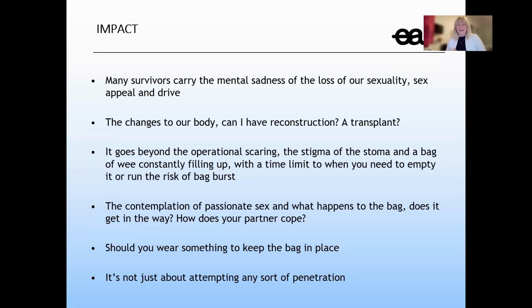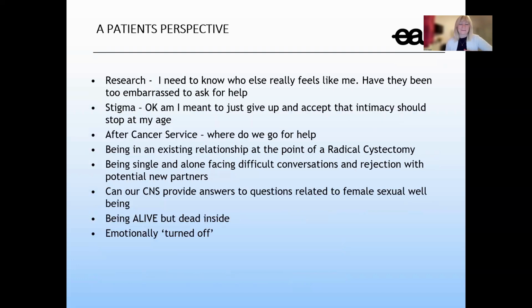Does it get in the way? And let's bring in the partner here. How does your partner cope? Should you consider wearing something to keep the bag in place? All these questions, from a patient's perspective, we have. And this is not just about attempting any sort of penetration. It goes way, way beyond that.